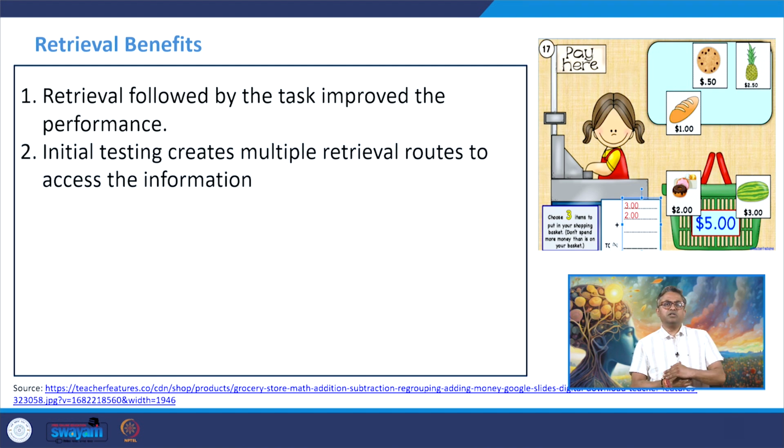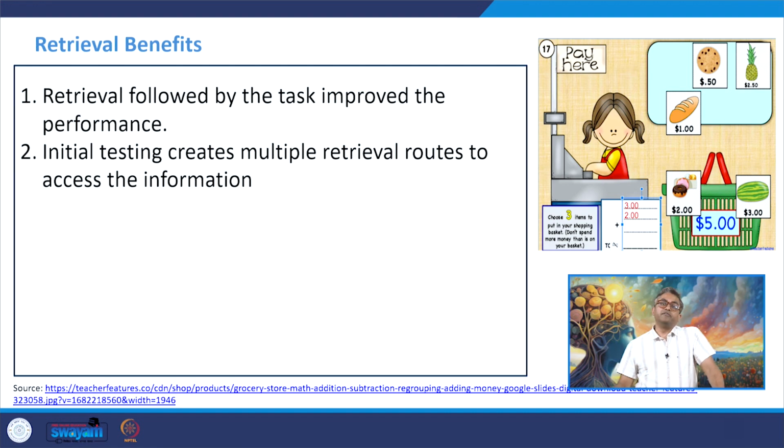Initial testing has also shown that multiple retrieval routes are created to access the information, and that is why, in the previous slide, we were talking about it. Despite the available information, the more testing trials you go through, the more times you are retrieving, you are creating multiple retrieval routes.